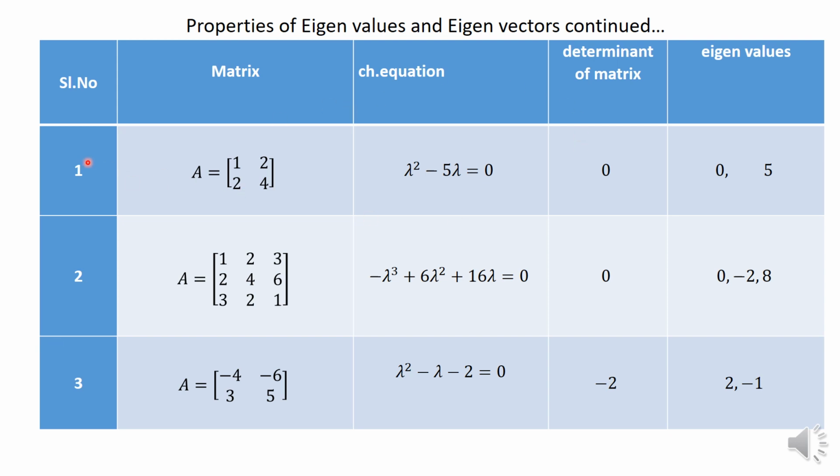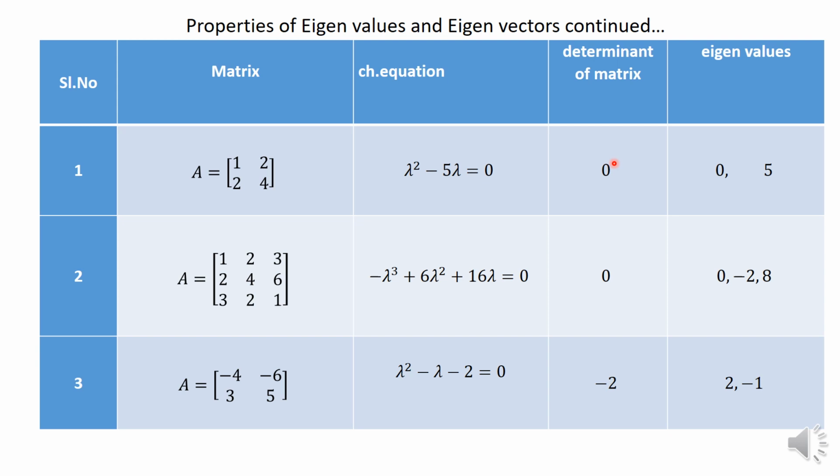In the first row we have the matrix A equal to [1 2; 2 4], whose CH equation is lambda square minus 5 lambda is equal to 0. In the next column we have the determinant of the matrix A. The determinant value here is 4 minus 4, obviously equal to 0.